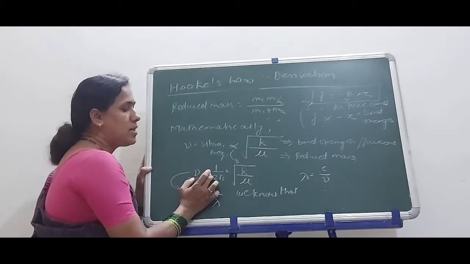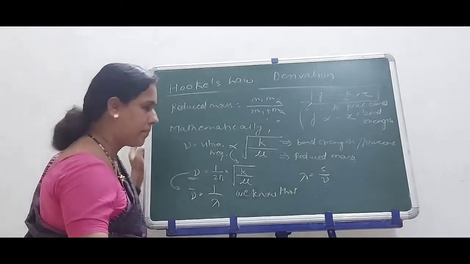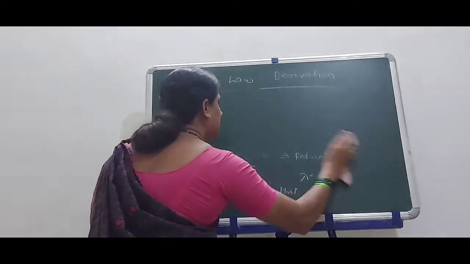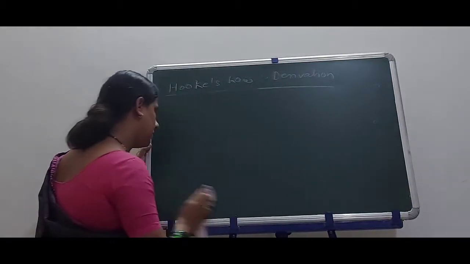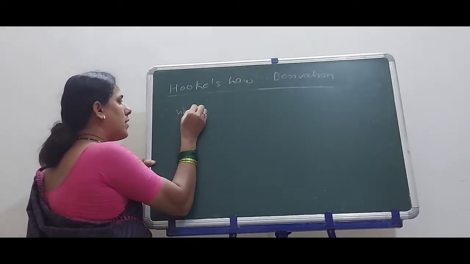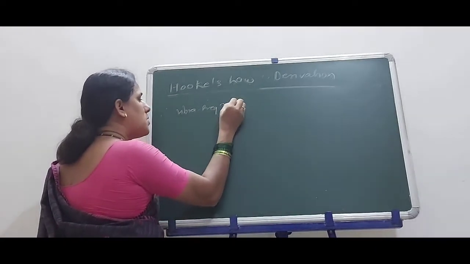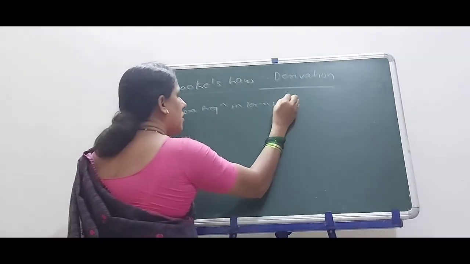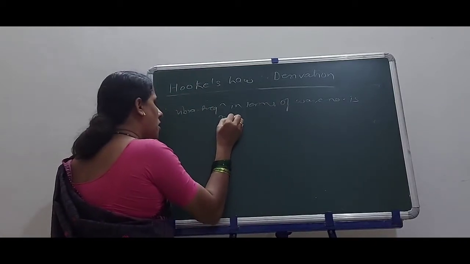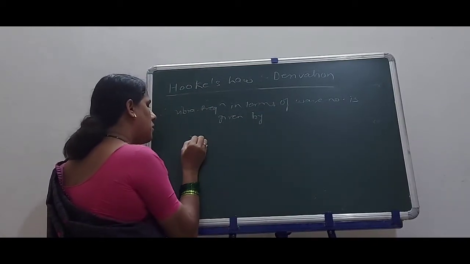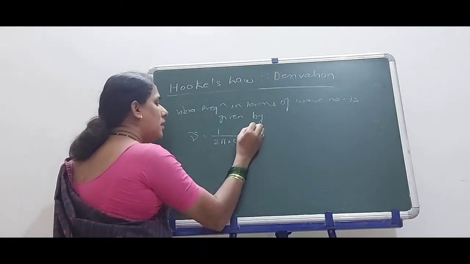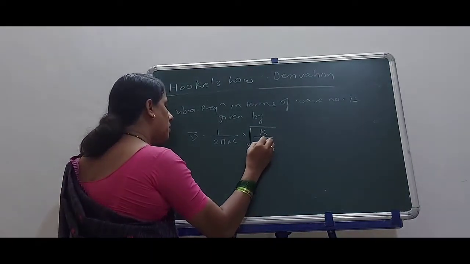Therefore, this equation becomes, the vibrational frequency in terms of wave number is given by nu bar is equal to 1 upon 2 pi C into the square root of K upon mu.